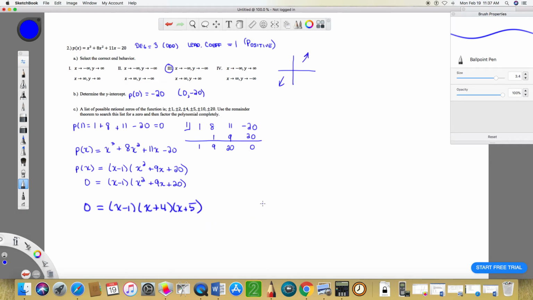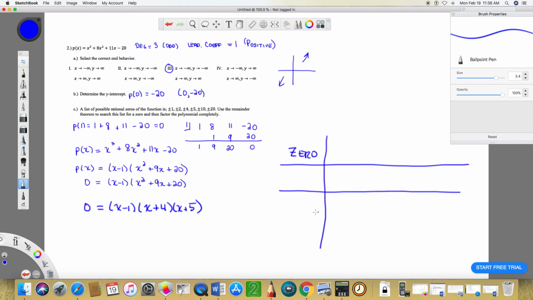All right, so we have factored that completely, and now a table is just an organized way to tell people what the zeros of this function are, and also the multiplicity, and to describe how it intersects the x-axis.